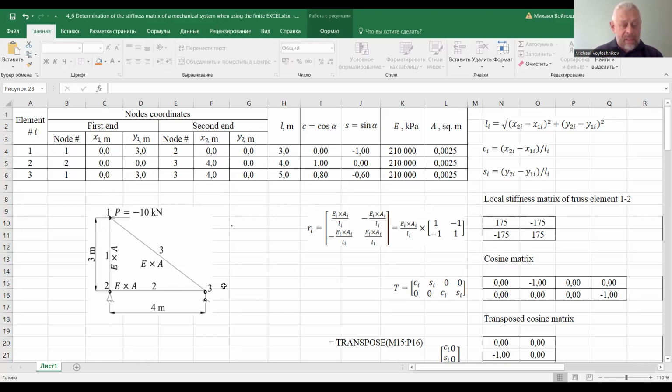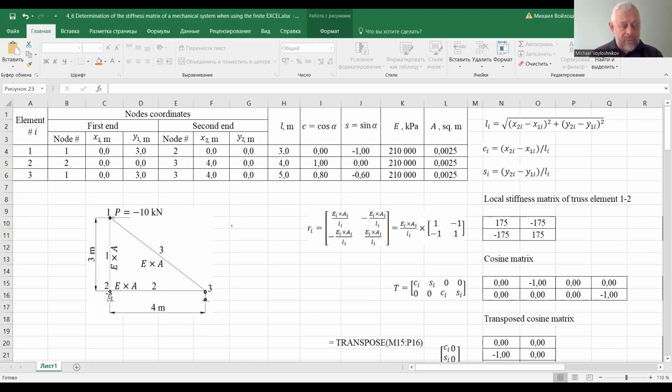So in this coordinate system, with node 2 as the reference point, the abscissa of point 1 is 0.